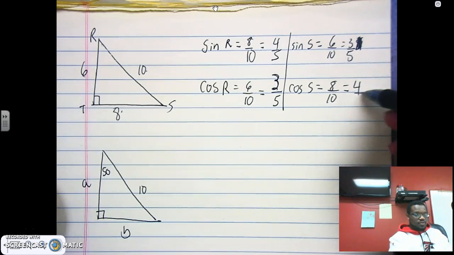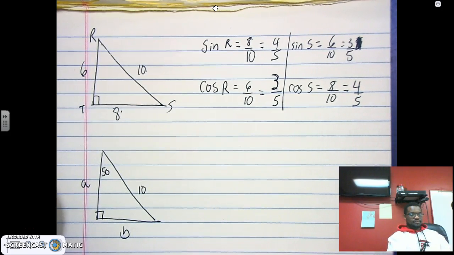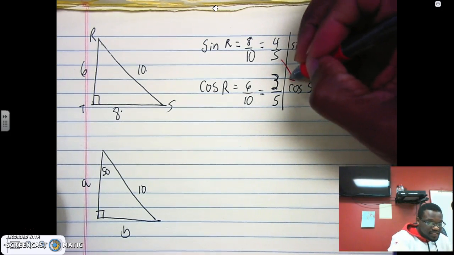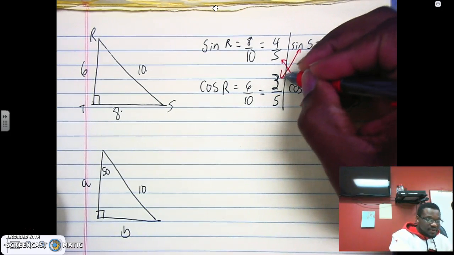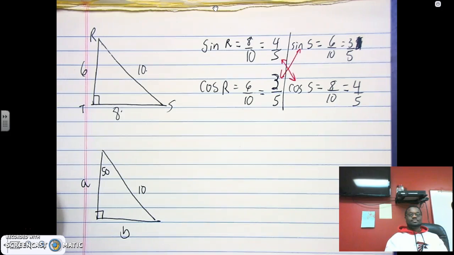And that's 4 over 10. Now, notice anything? Depending on which angle you're referencing, those will be the same. It's important though, because each one of them has its own value, so you know the orientation and which function you're going to use.